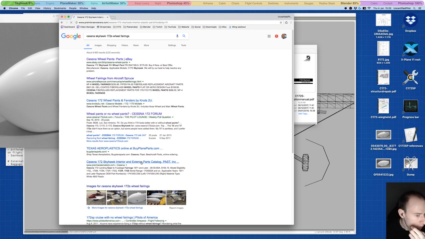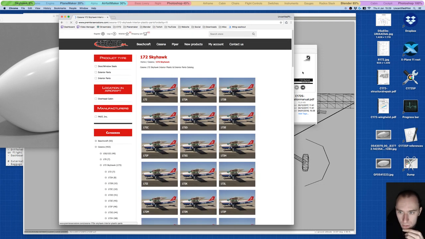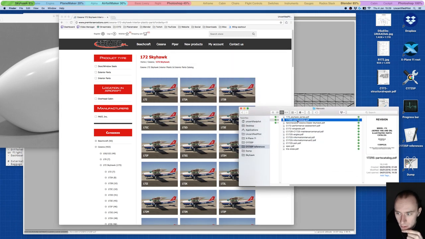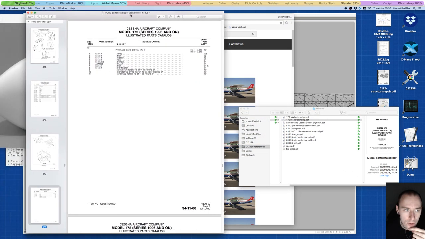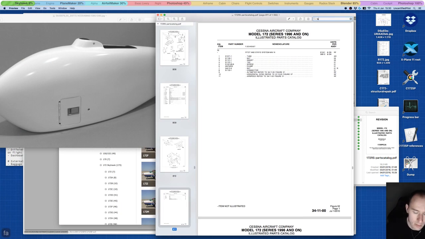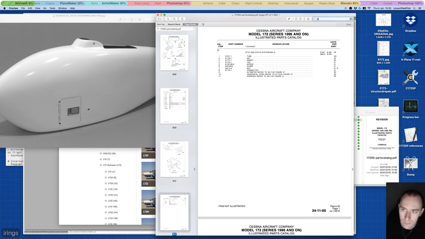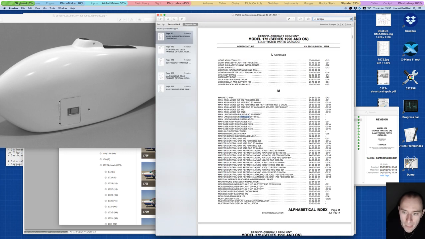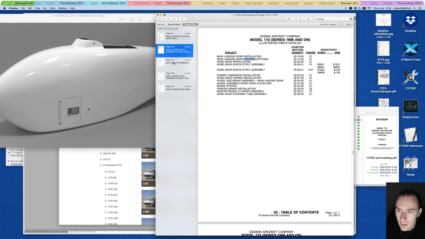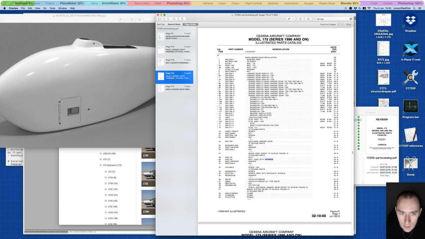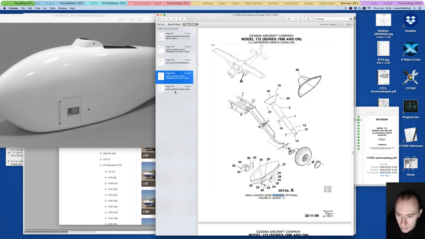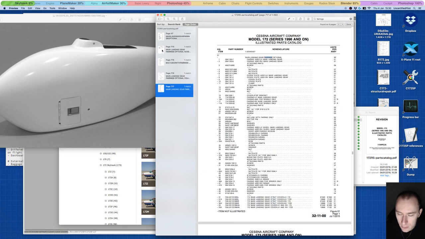The exterior parts catalog. Yeah, I have that as well. Parts catalog. Would it be mentioned here? Fairing. Fairings, yeah, but it's just a basic check. Yeah, okay.